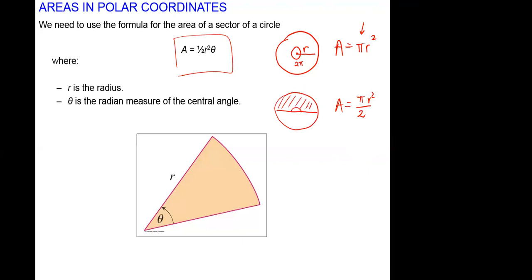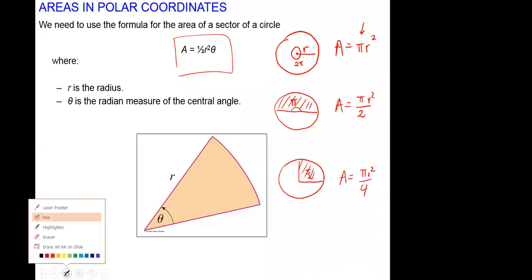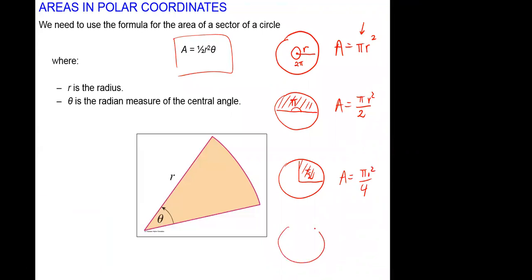Just half of them. But half of the circle is just the angle pi. And maybe a quarter, because then we will see quarter corresponds to 90. A quarter is simply pi r squared over 4. That's what I'm trying to do, find the general formula for any sector with the angle theta.